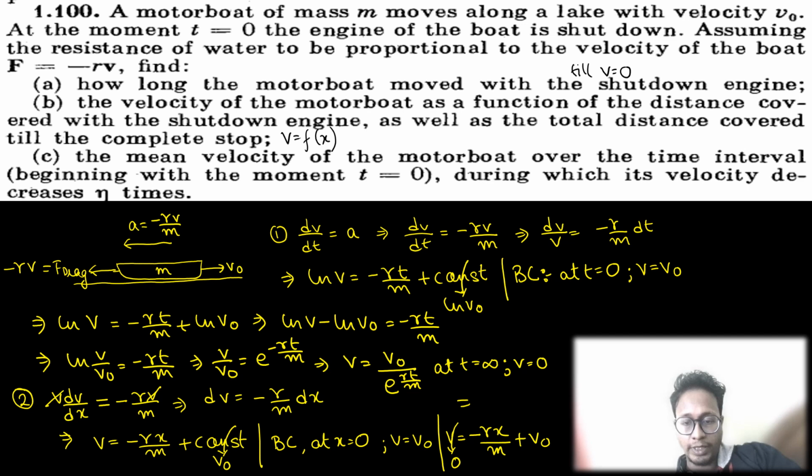If we solve this, v naught equals rx by m, or x equals m v naught by r.